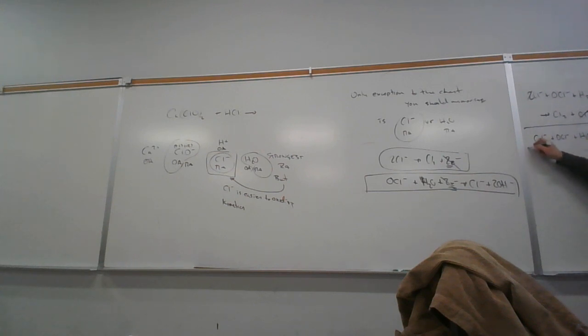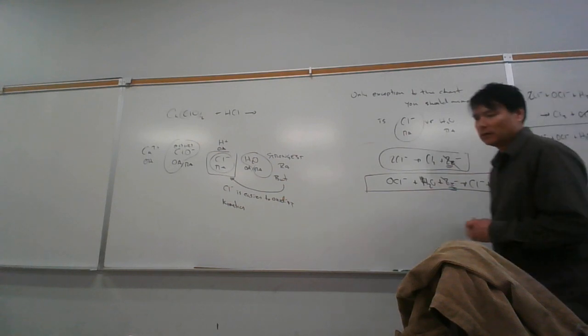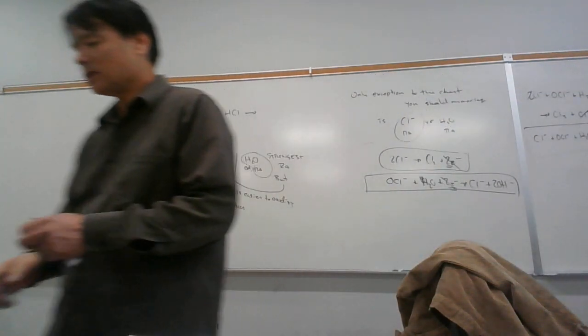Then we check, is it still balanced? 1 chlorine, 2 chlorines, 2 chlorines, 2 oxygens, 2 oxygens, 2 hydrogens. It's balanced. And the charge, -1, -2, and then -2. So that's balanced. Then we look for the driving force. The driving force, I like to get off the half reactions here.